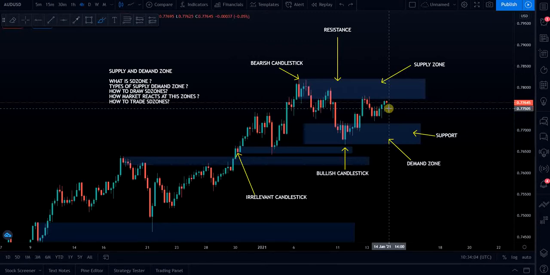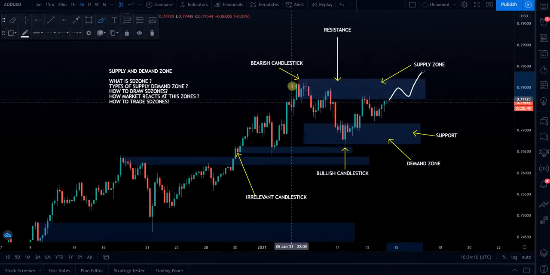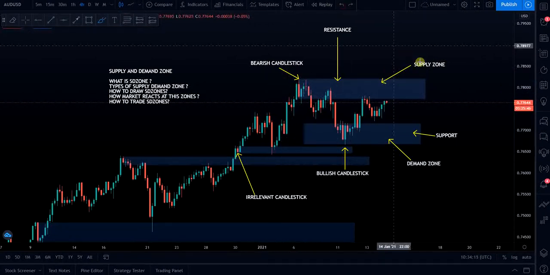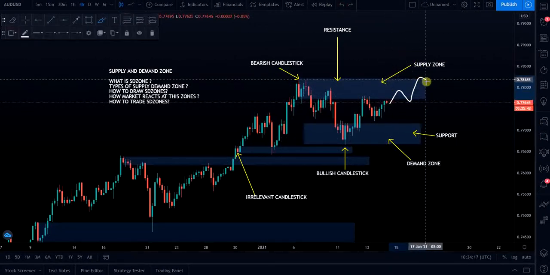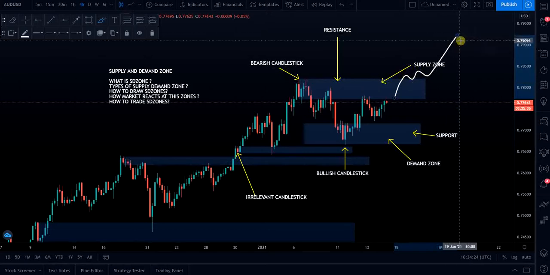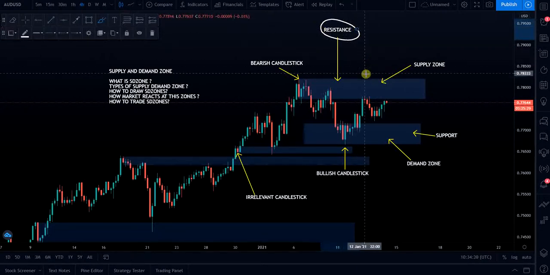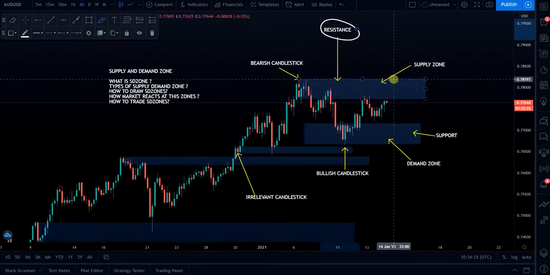Let's take an example. If the market breaks this supply demand zone, which is a supply zone, that means sellers are strong at this level. If the market breaks this supply demand zone, that means what? Buyer wins, and then continuation of a bullish trend. And after the break of this kind of supply demand zone, this resistance will act as a support for the market.